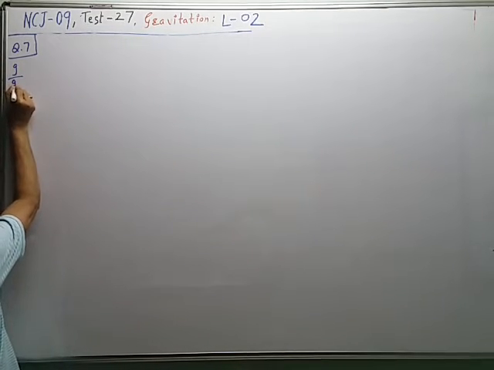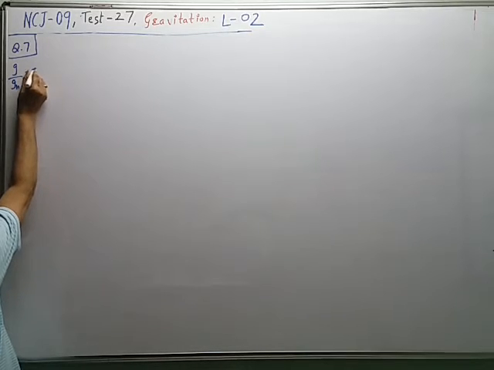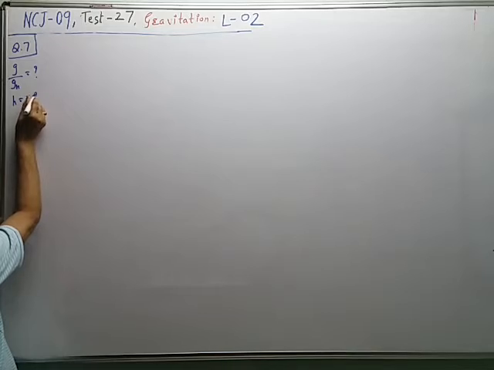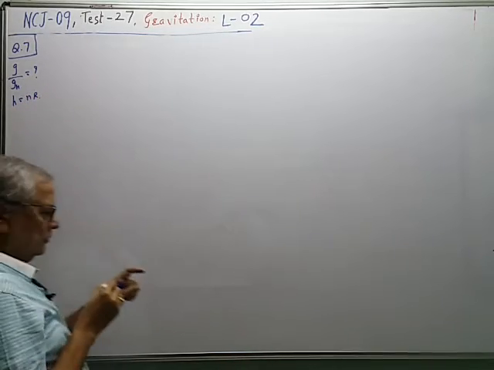gh is the gravitational acceleration at height h. So we have to find this, where h is equal to n times r. R is the radius of the earth.